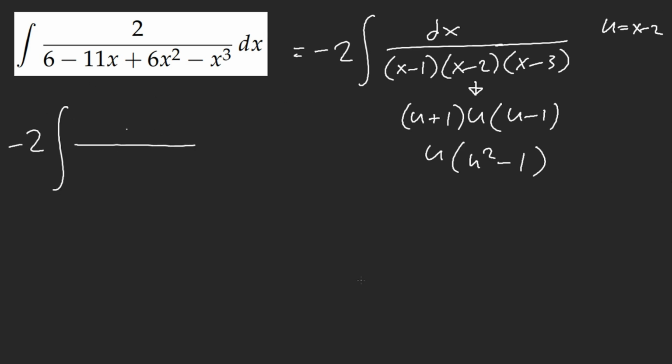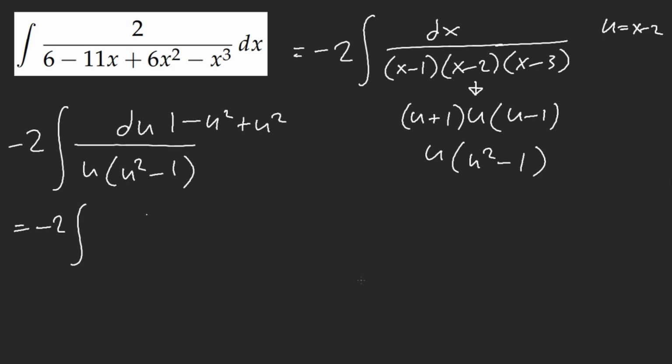If I do 1 minus u squared plus u squared, this is going to be like what? Negative 1 over u plus u over u squared minus 1.